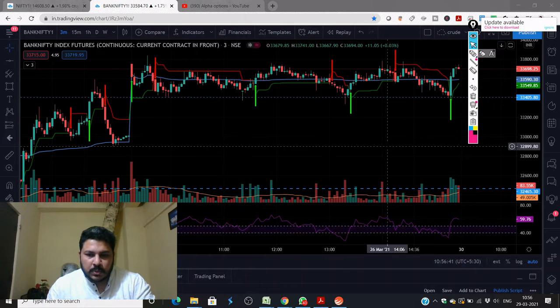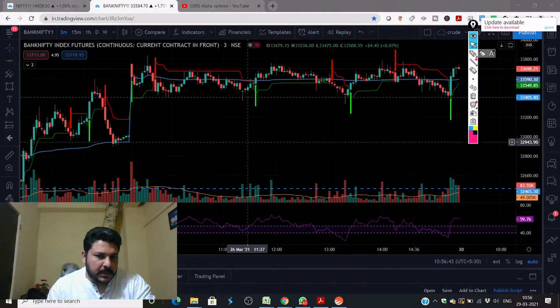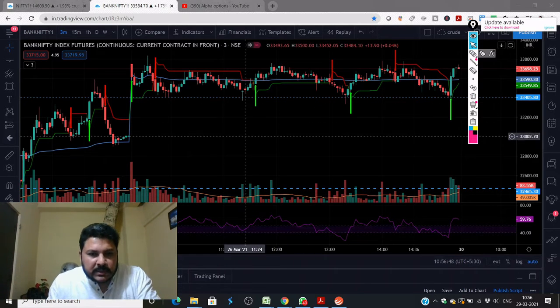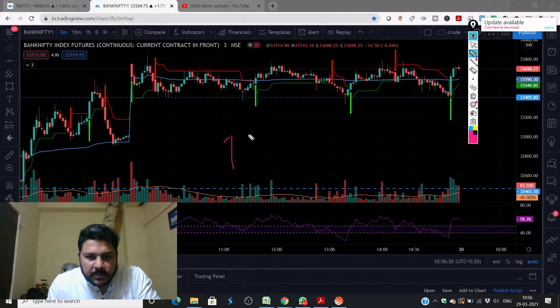Let's try to identify divergence on RSI and see if we are able to make any conclusion about it. See this point, this was the first high, this was the next point, and this was a higher high actually.